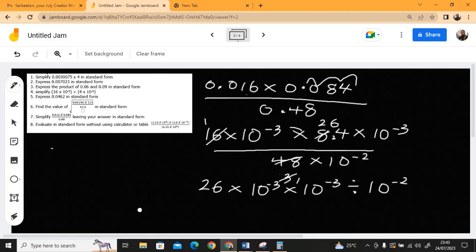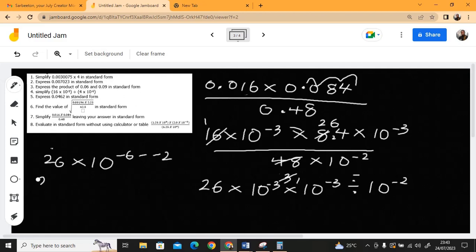So looking at it together, we have 26 times minus 3 plus minus 3 is minus 6, because plus doesn't have effect at all. So we have 10 raised to the power minus 6. Then here is also minus 2.